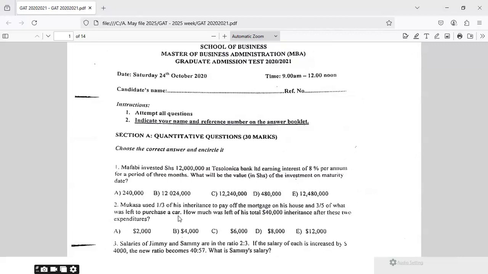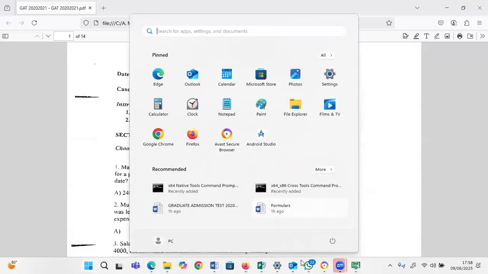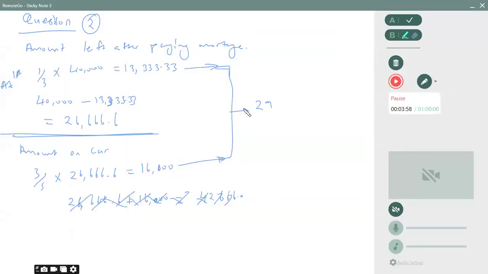Meaning we are going to say 3 out of 5 times 26, times 20 from what was left, which gave us 16,000.